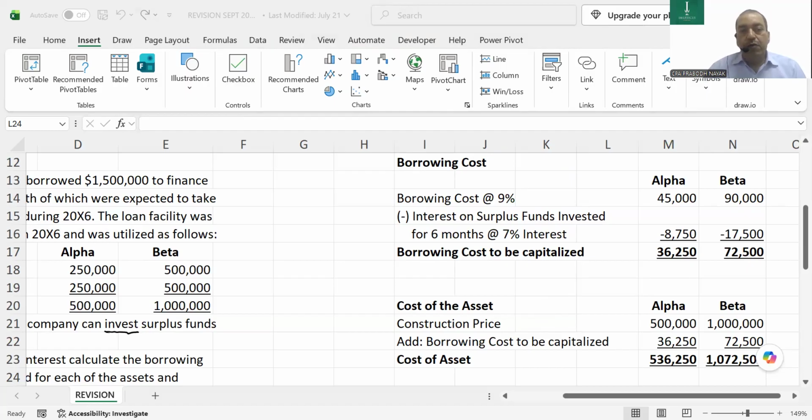Then in that case we are going to ensure that that amount is not included. So whatever interest we are receiving, we are not going to show that amount, right? So for 6 months, we have invested and received the interest on that. So we have to deduct the amount proportionately.